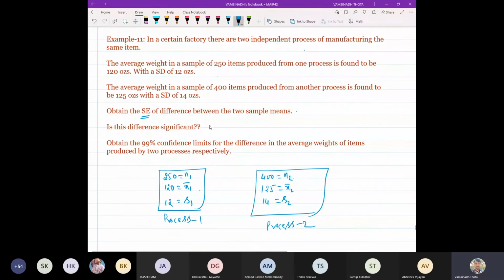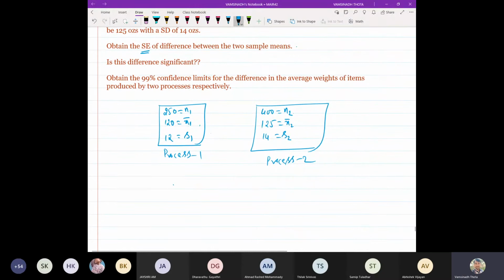If you observe the data, is mu1 given, and is mu2 given? Mu1 is not given and mu2 is also not given.